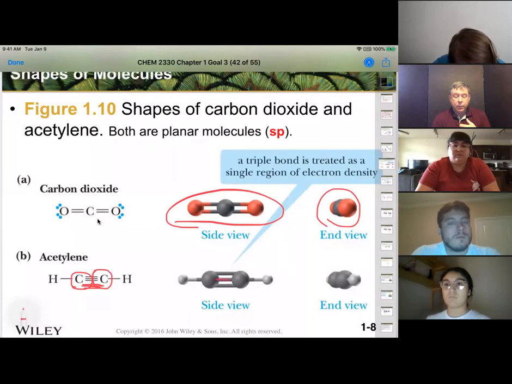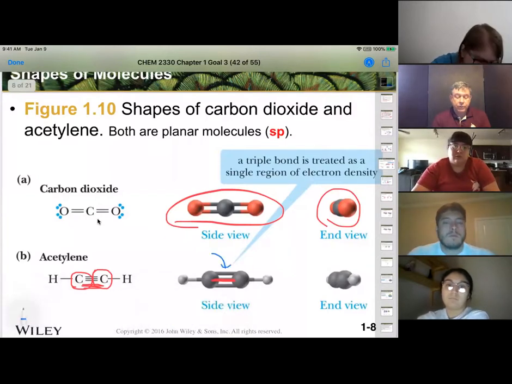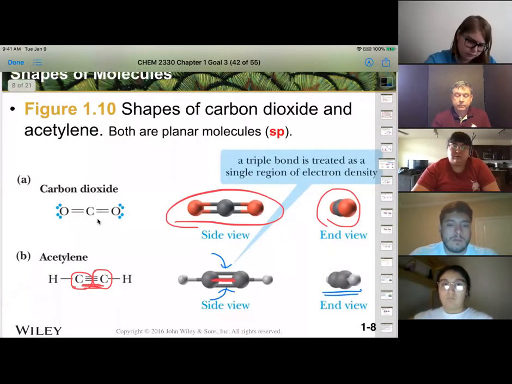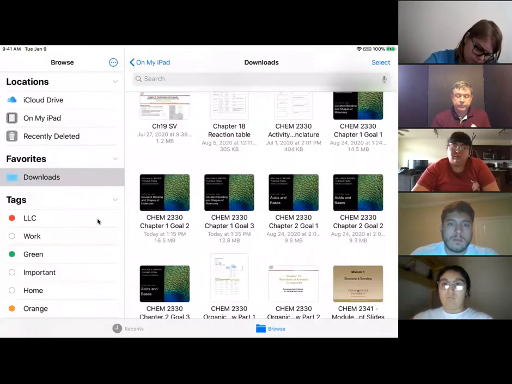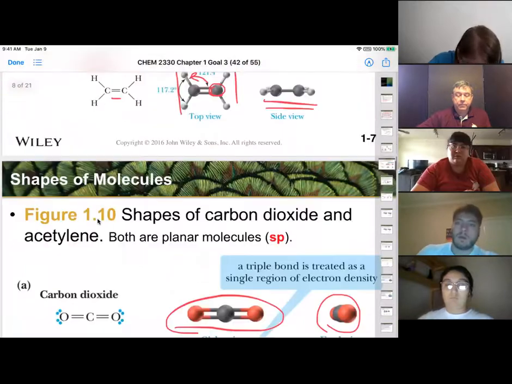Notice we have the one direct bond here in the middle, or the sigma bond, and then we have 2 overlapping bonds that are the pi bonds. Because we have the one direct and the 2 pi's, that gives us our linear structure as well. Okay, questions about those shapes?